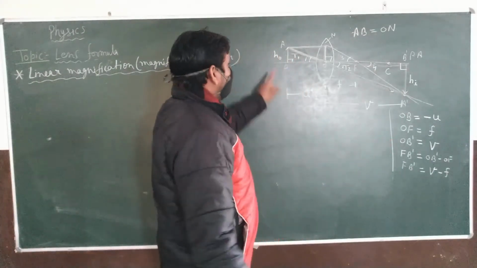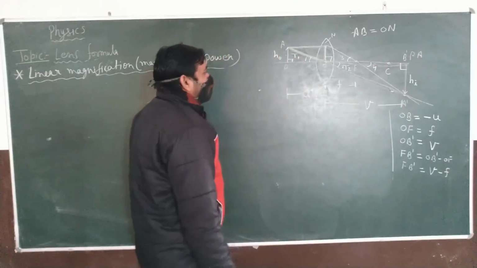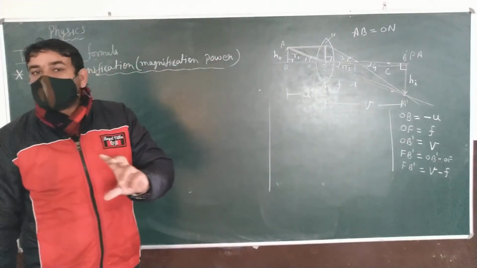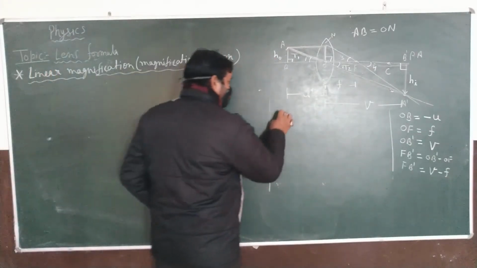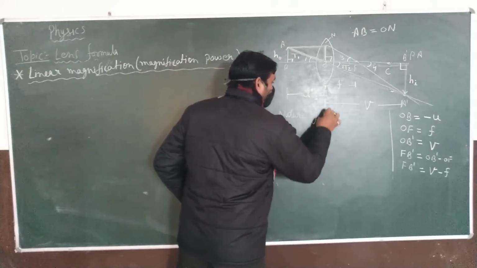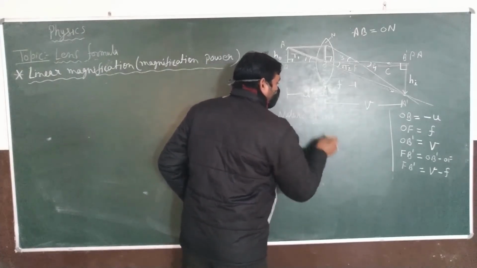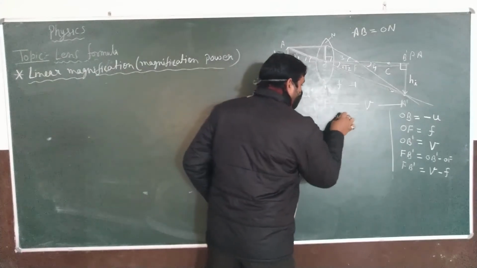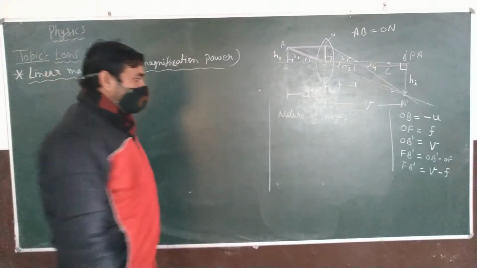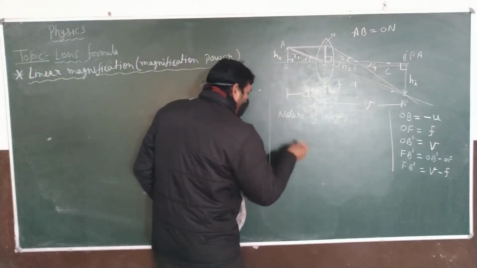I for image and O for object. So, by using the nature of the image, it is most important for knowing the characteristics of the lens. Okay, what we have?